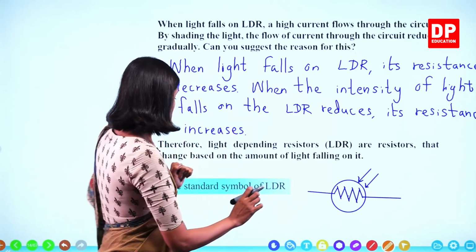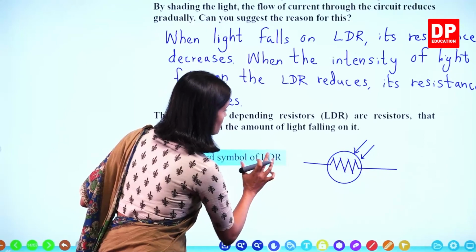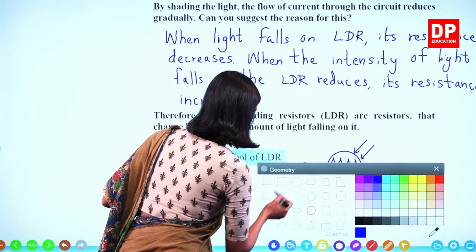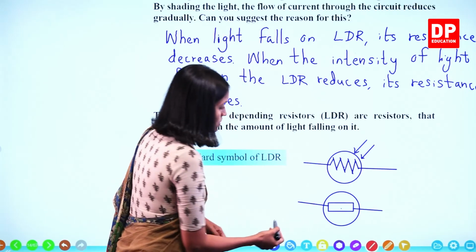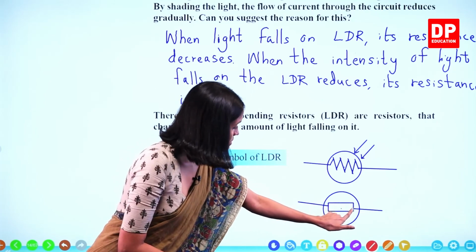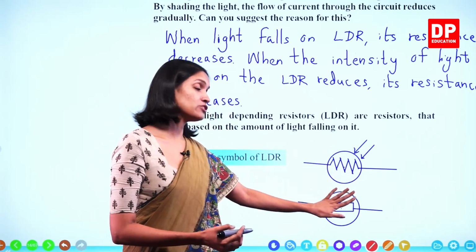Right? So you can draw it in a different way too. You can understand that this is the rectangle with two lines. It was the same symbol, the second symbol we drew for resistors.